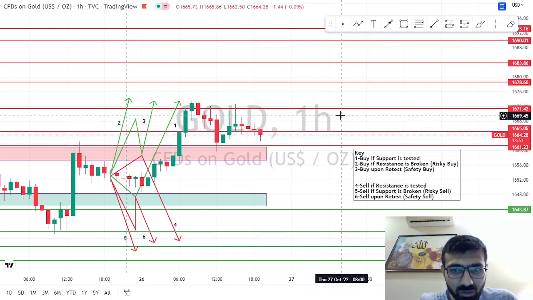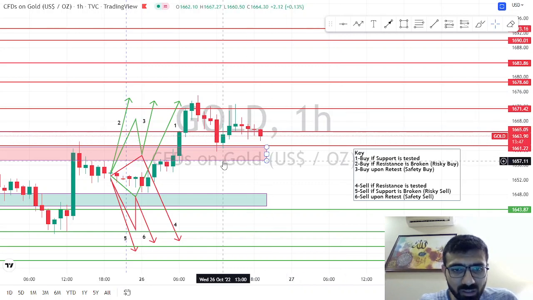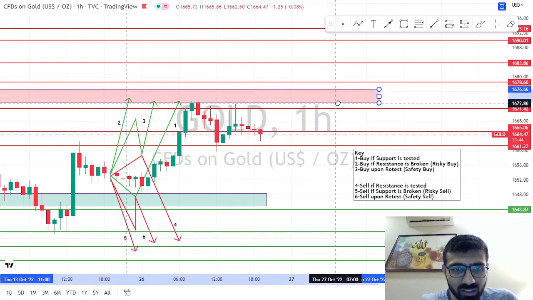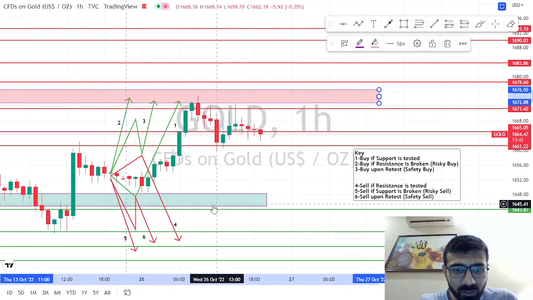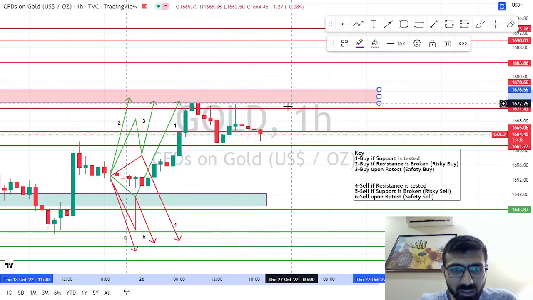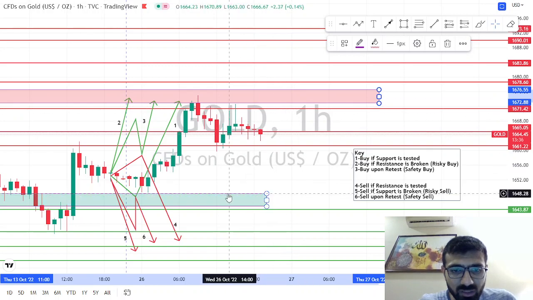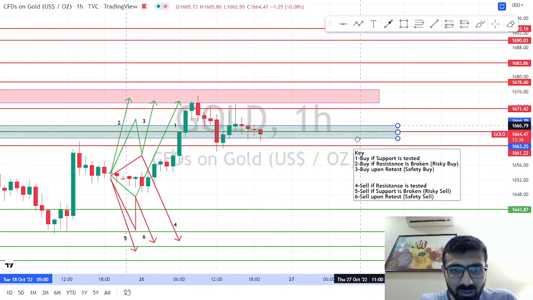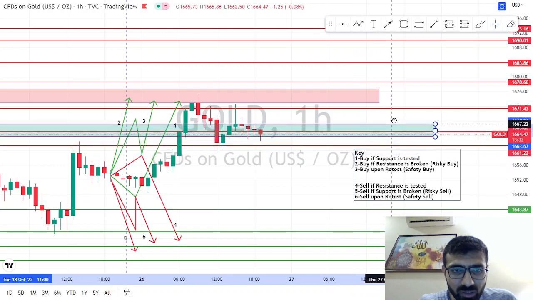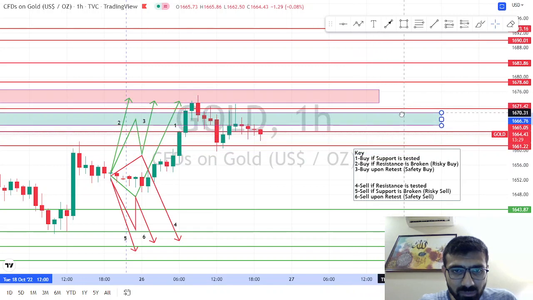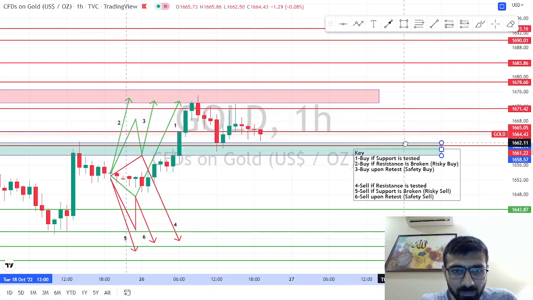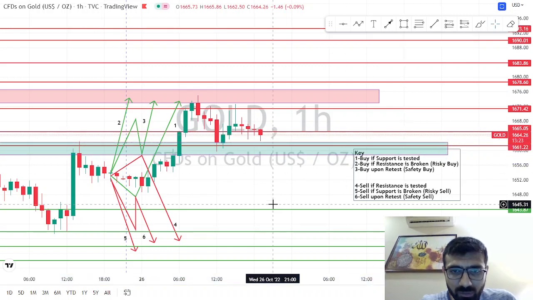Okay, so now let me mark the new areas of support and resistance in the gold so you guys can easily trade this gold tomorrow as well. So these will be the area of resistance and the support area will be approximately this zone.